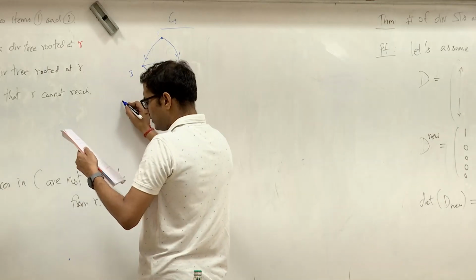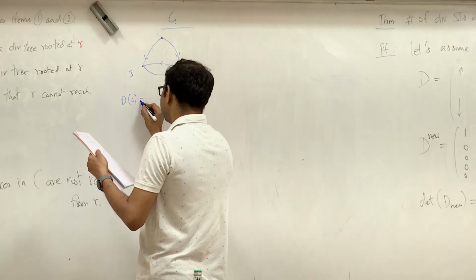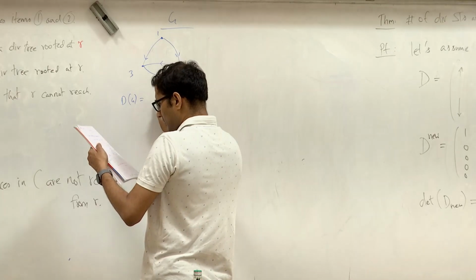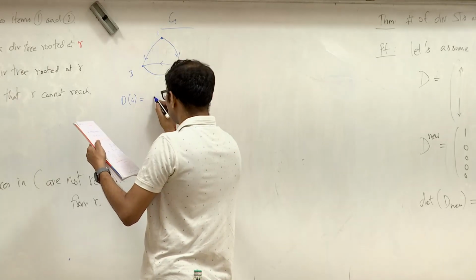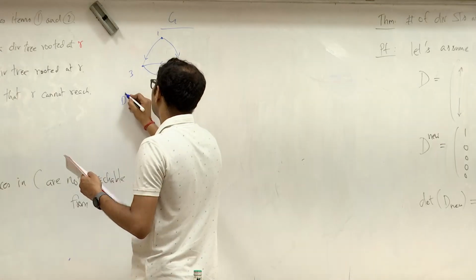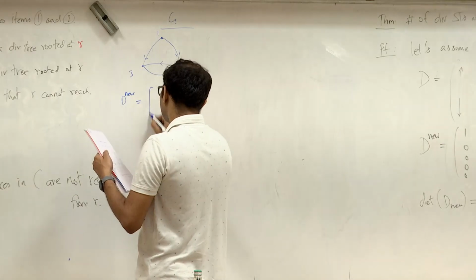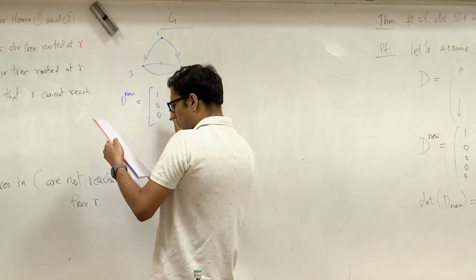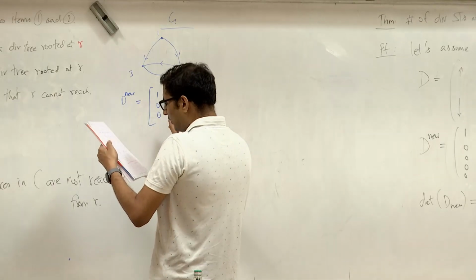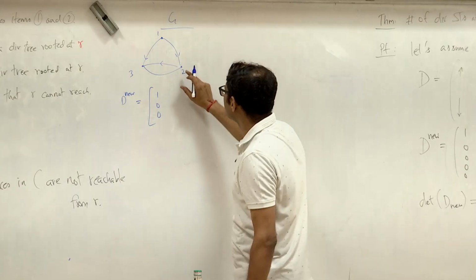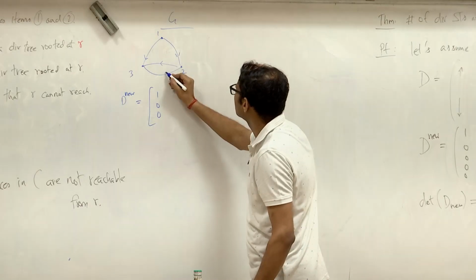Okay, and D new for this graph, whatever it was, it has 1 0 0. Then look, the vertex 2, its in degree is 2, right? Its in degree is 2.